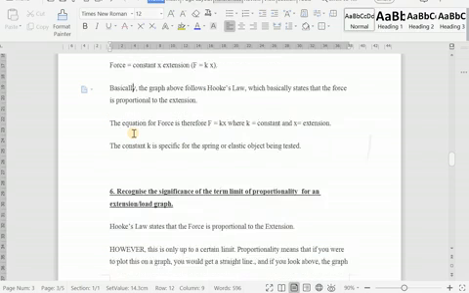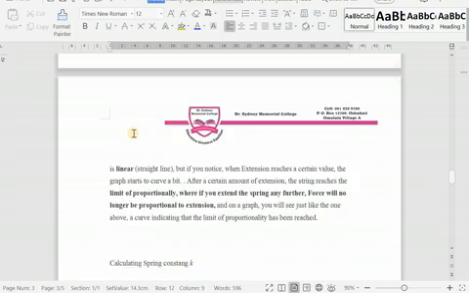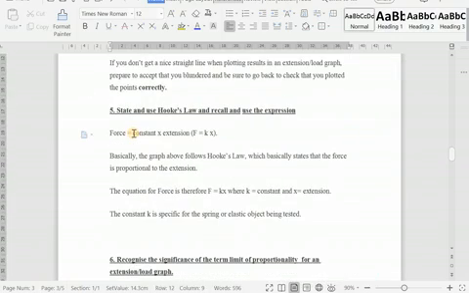So in this lesson, I'm going to show you how, if we are given the load, the weight of the object that was on the spring, and we are given the displacement or the extent to which the spring stretches, it's possible for us to calculate the spring constant, right?